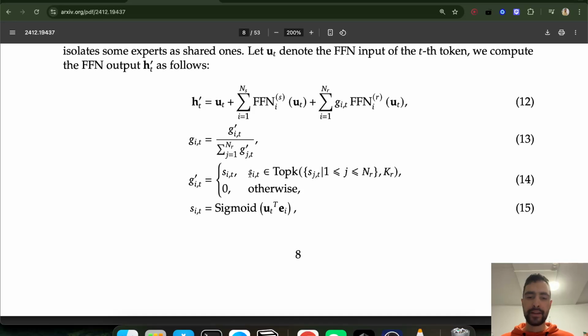So if the score of the expert i and token t, or a vector embedding that came from token t, is in the top K highest affinities, highest scores. K can be any number, for example the 8 highest affinity experts for a particular token.